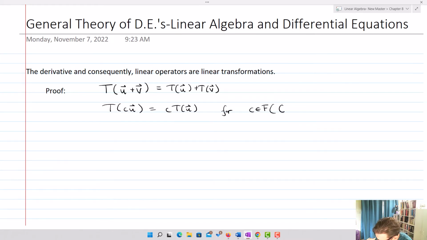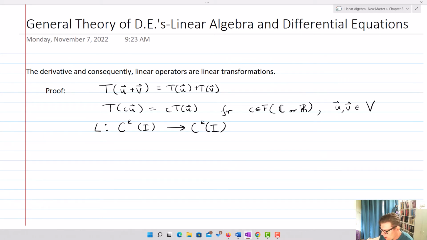That's either going to be C for us or R, and u and v belonging to a vector space V. In the case of our linear operators, L, our linear operator, is going to go from C^k(I) to C^k(I).